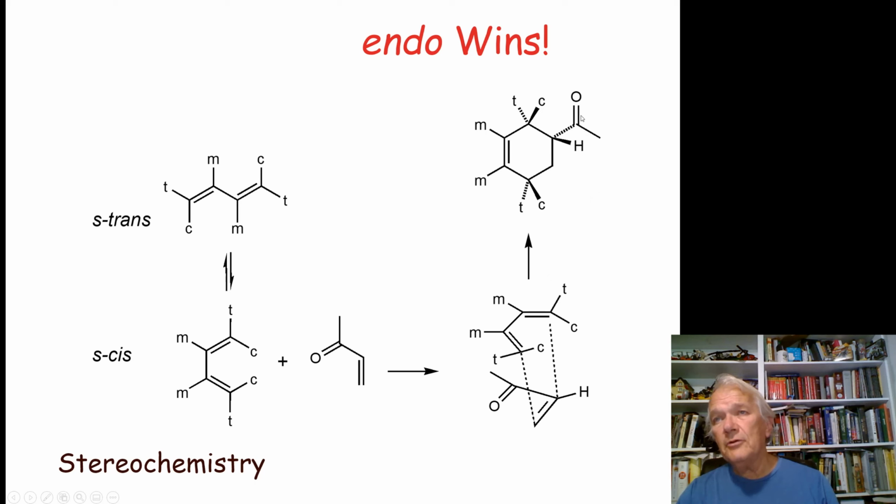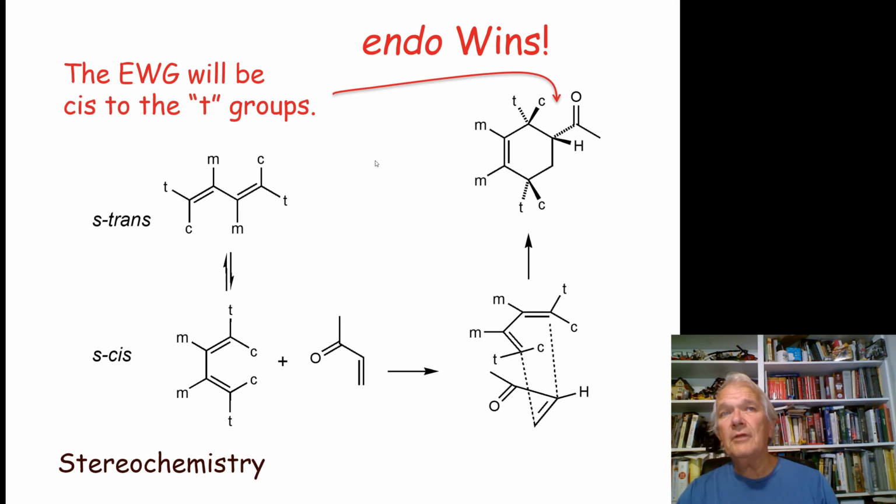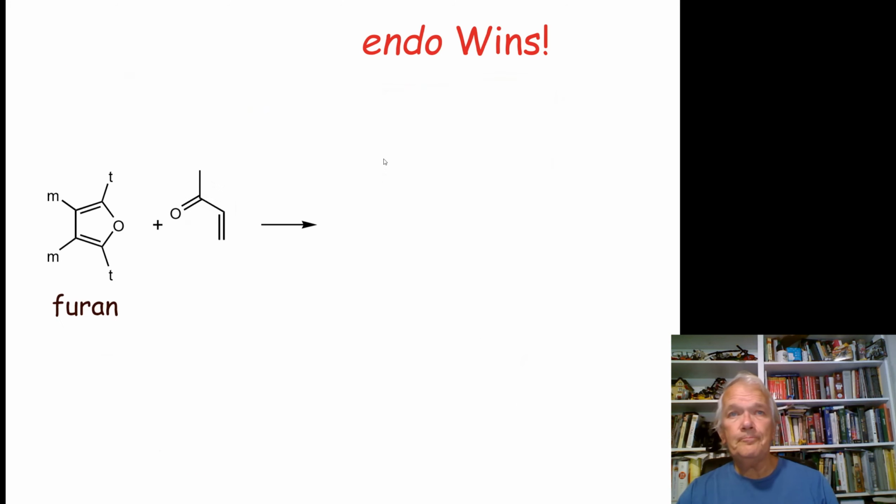The electron withdrawing group will be cis to the T position. If there's an electron donating group there, it'll be there. If it's a hydrogen, of course it's just a hydrogen. But anyway, it'll be cis to the T group, and that's the endo isomer. And again, it works and is quite good in making predictions. So the electron withdrawing group will be cis to the T groups.